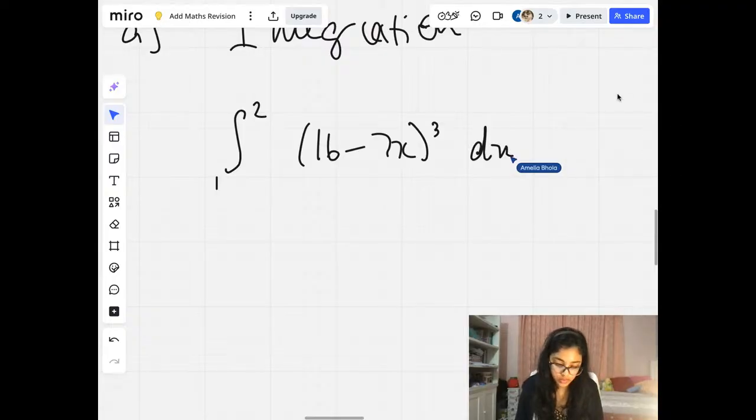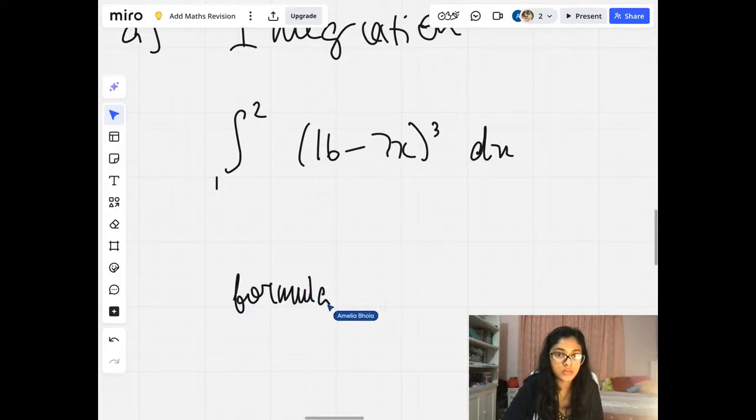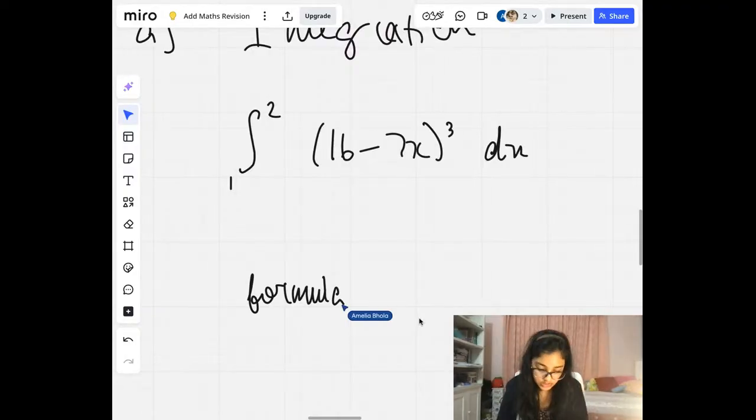So what I would do, I'm going to use this formula. I was just double checking the formula.